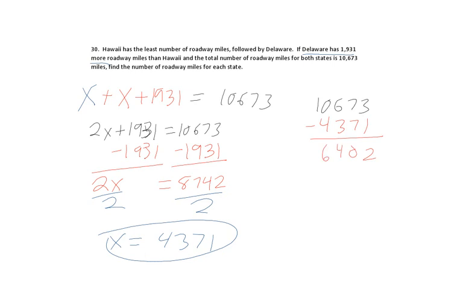So the other answer is 6302. But I have to figure out who's who. Well, if you look at the clues, it says Hawaii has the least number of roadway miles. So Hawaii has to be the smallest. So 4371, I'm going to write HI for Hawaii. And 6302, I will do DE for Delaware.